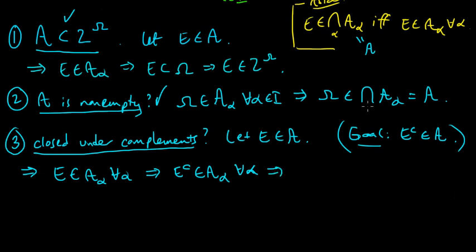And then again, using this fact, taking this E complement, that implies that E complement is in the intersection, which is A. And that's what we wanted to show. We wanted to show that it was closed under complements, so that gets a check.